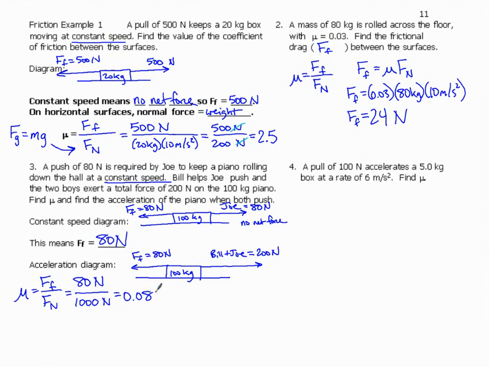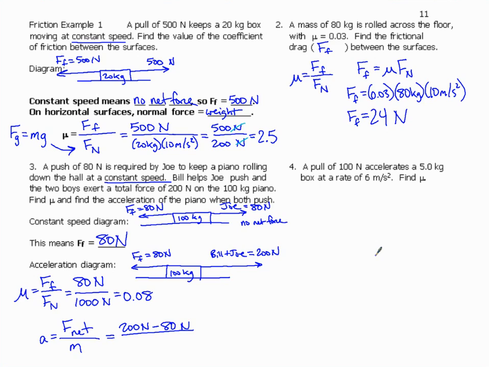We want to know the acceleration of this piano as both boys push. So we can use Newton's second law. The acceleration is the net force divided by the mass. The net force in this case, where we have both boys, is 200 newtons minus the force of friction. They are exerting 200 newtons in one direction.